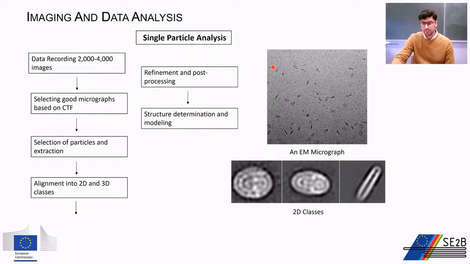This is a typical example of an electron micrograph, and you can see the protein molecules. This is the top view of photosystem 1, again top view, and this is side view, and this is the tilted view of photosystem 1. And these are the 2D classes of photosystem 1: side view, top view, and tilted view.